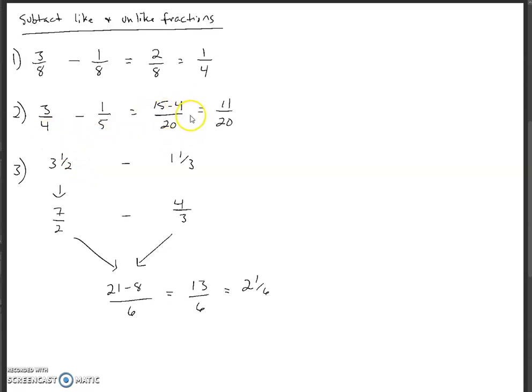So we have 15 minus 4 over 20 gives us 11/20. And if we take a mixed number and we reduce that down to an improper fraction, again, we go through the same sequence. 21 minus 8 over 6 gives us 13/6. It gives us 2 1/6.